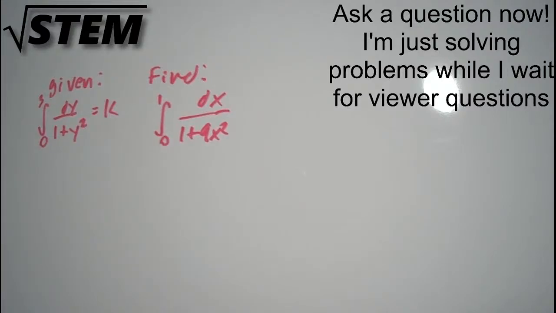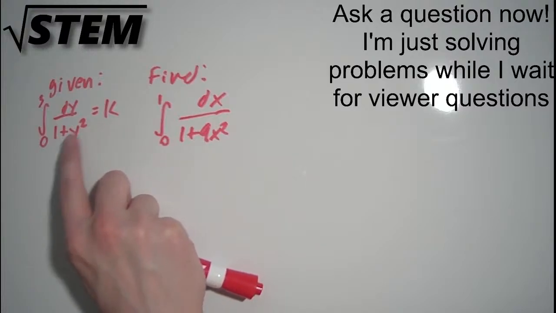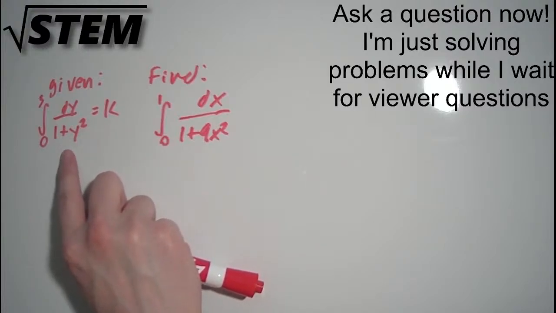So the part that is throwing me off about this is the different boundaries, right? Also, using the fundamental theorem of calculus, this k should be equal to tangent inverse of 3 minus tangent inverse of 0.